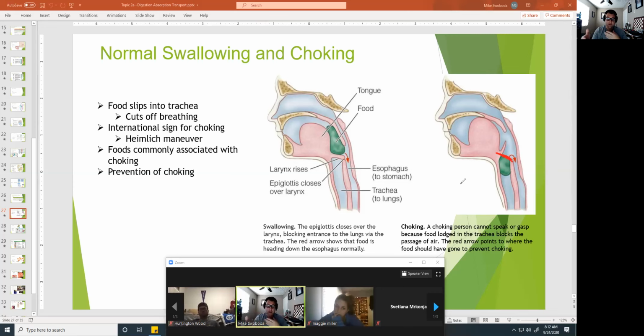And then belching and gas. Whenever you burp, those are the gases from your stomach leaving, because gas can escape through a sphincter. The sphincters aren't airtight. They're fluid tight, not airtight.